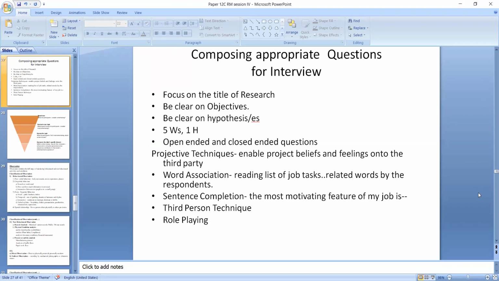So what kind of research methodology you have used, qualitative, quantitative? If you say we have done a survey, then you are to describe your questionnaire. If you say interviews were conducted, you are to say whether it was structured, semi-structured or unstructured, what kind of questions you had asked, what kind of secondary data you have used, what kind of literature review you have done, what is the research gap.